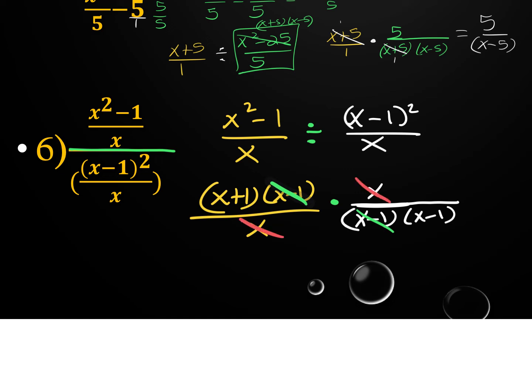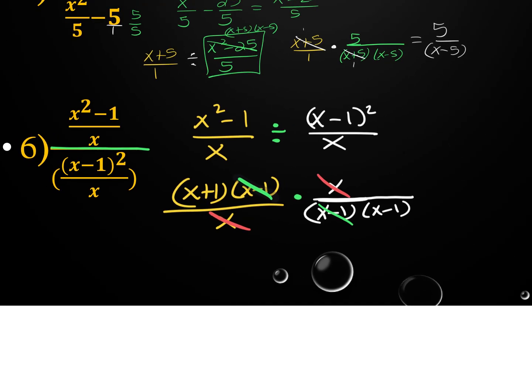And now what remains is just x plus 1 over x minus 1. And again, these are attached, so do not try to cancel the x's and tell me the answer is -1. They are connected, and I can only simplify when it looks identical.